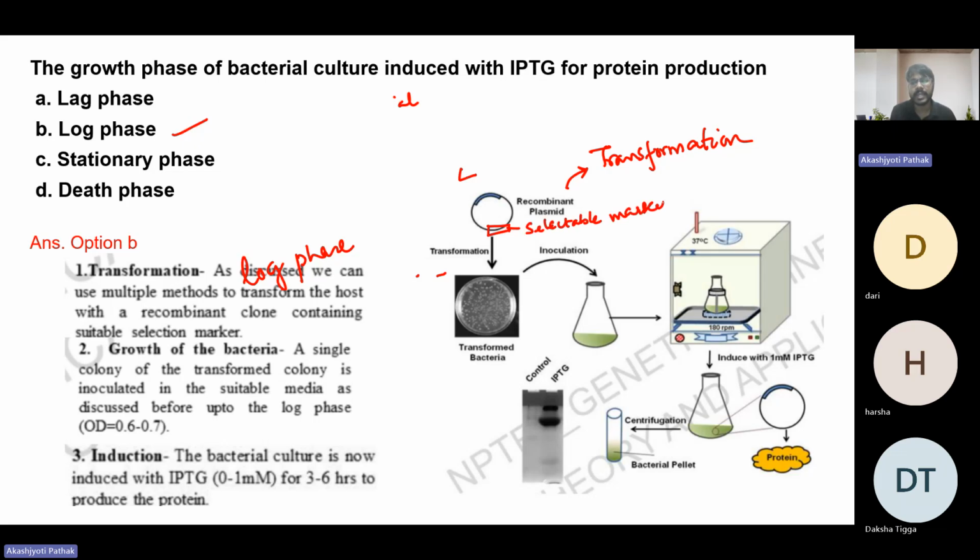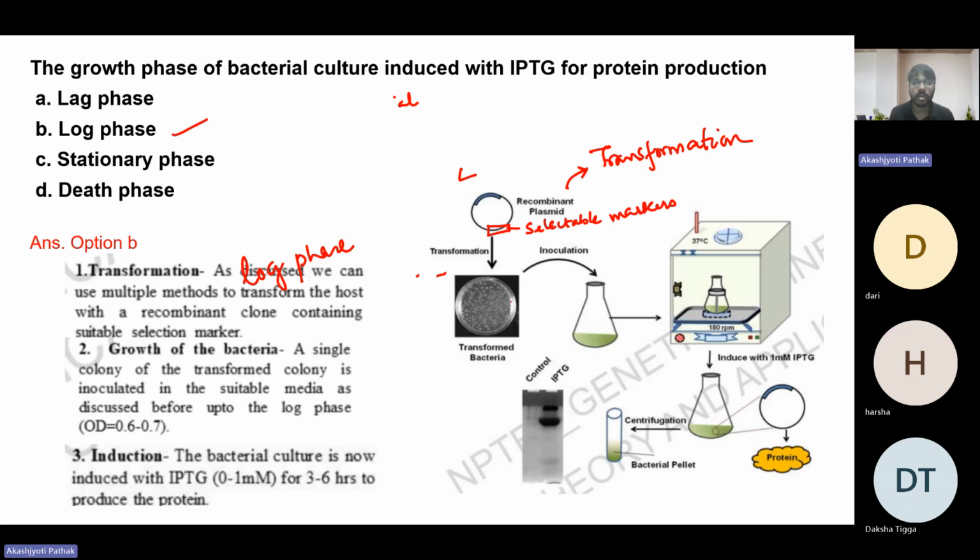They have the antibiotic resistance genes. So only those bacteria which have taken up the recombinant plasmid will be able to grow in this LB agar, because, say for example, your LB agar has ampicillin antibiotic, then only those bacteria which have the ampicillin resistance gene will be able to grow.